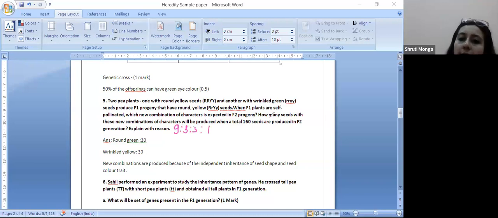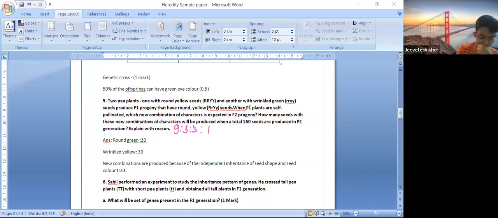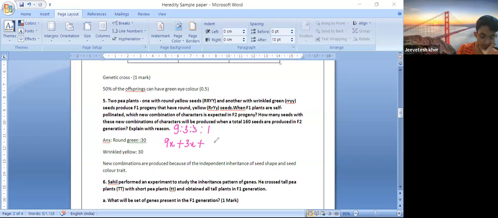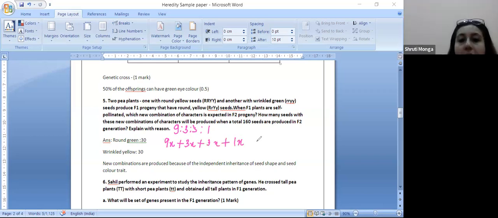Now, we will take x as constant, so you can write it like this: 9x plus 3x plus 3x plus 1x is equal to how many seeds? 160, as per the question. Now calculate the value of x. What will be the value of x?